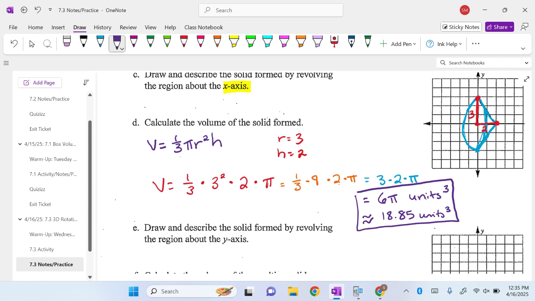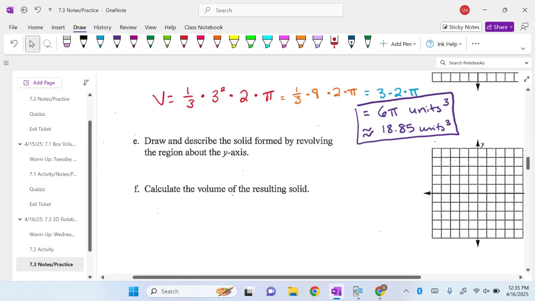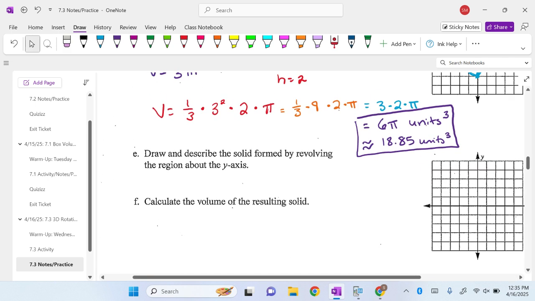All right. Try the next part on your own. So using the same triangle, but rotate it around the y-axis, and then calculate the volume. So take a minute and try it.